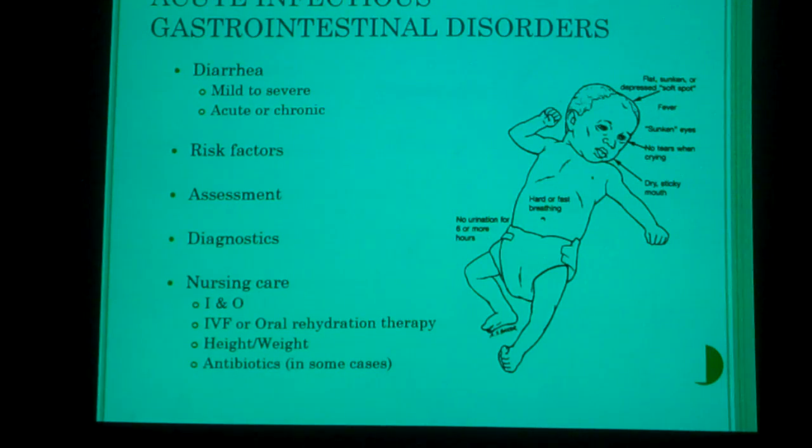Children dehydrate much more quickly than adults, and that's why you will see kiddos hospitalized for vomiting or diarrhea so they can get IV fluids, where adults most likely are not going to be hospitalized for that. Oral rehydration therapy is preferred if the child can keep it down. If not, then they may resort to IV fluids.